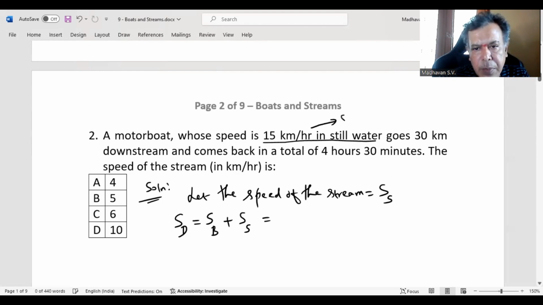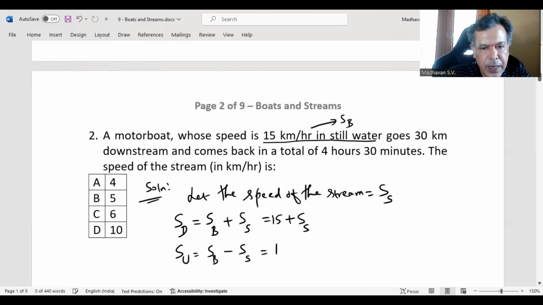So 15 plus S suffix S. And then speed upstream will be speed of the boat minus speed of the stream, which is again 15 minus S suffix S.